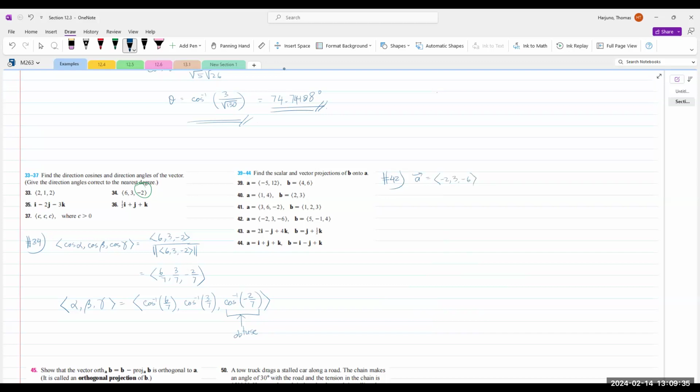Oh yeah, the length here is 7. And then vector B is (5, -1, 4). The magnitude is 25 plus 1 plus 16. That's 42. Square root of 42.